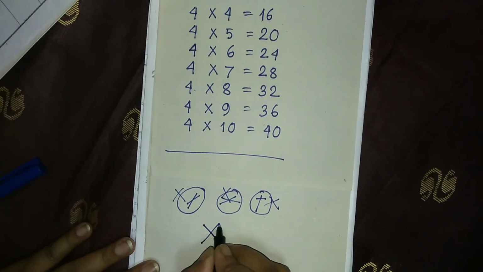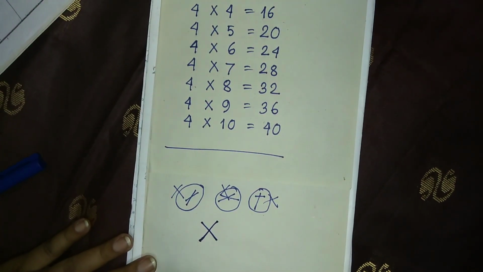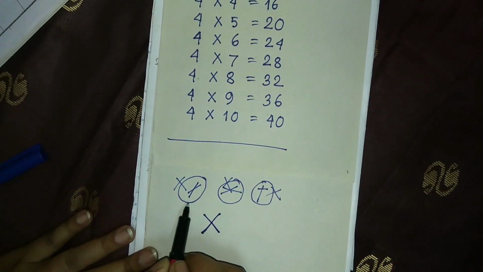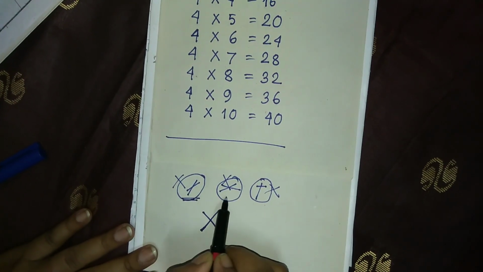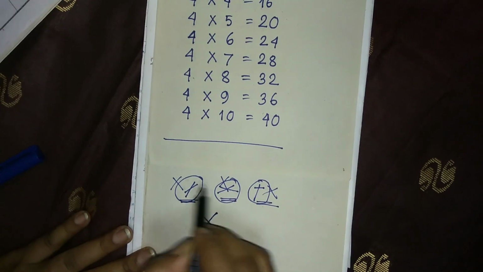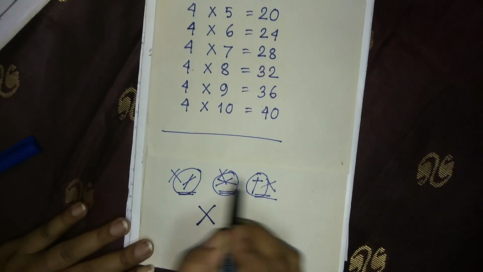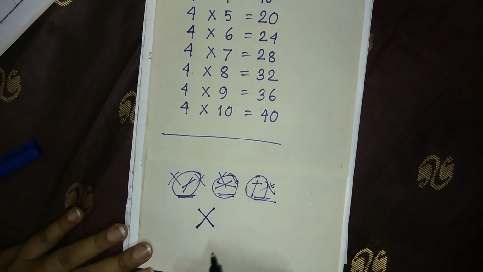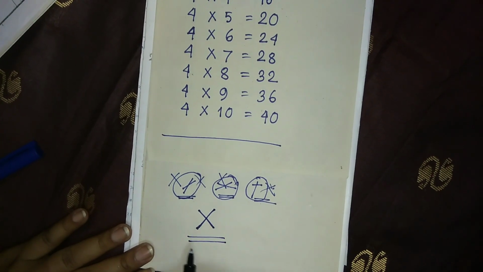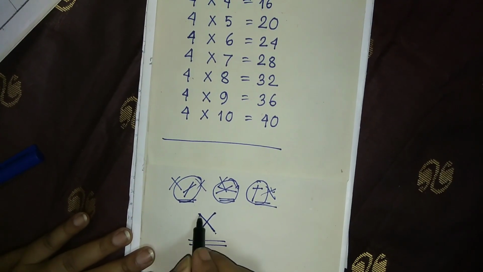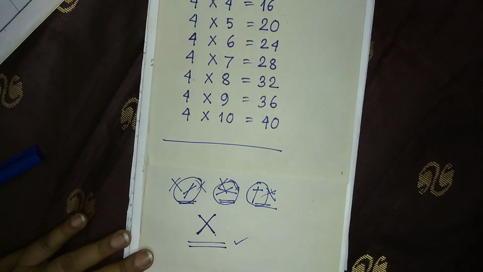It is the symbol of multiplication. If you write like these other symbols, they are all incorrect. Only this type of symbol, this X symbol, is correct.